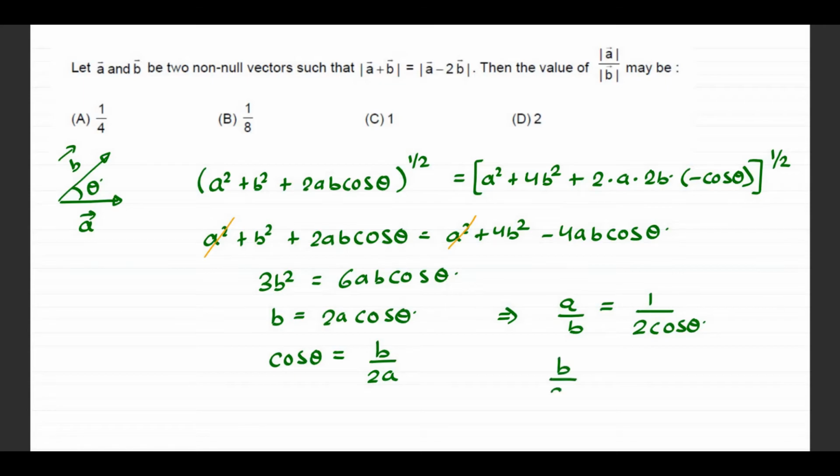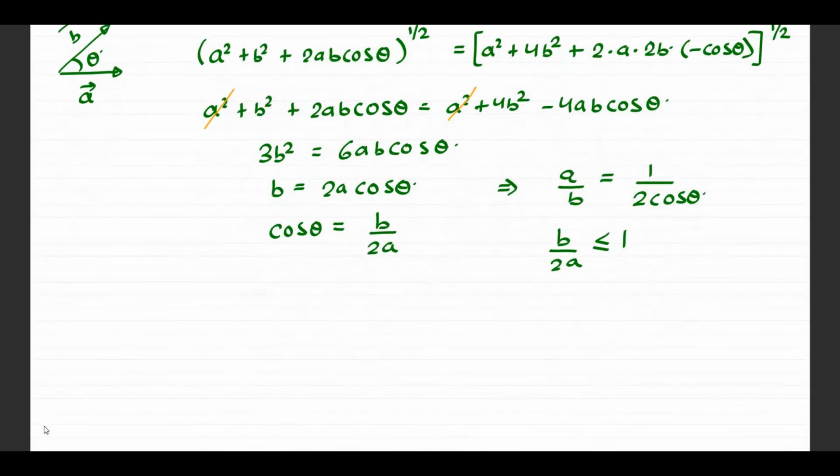And this B by 2A should be less than equal to 1, correct, because the maximum value of cos theta is 1. So B should be less than equal to 2A. So can I say A by B should be greater than equal to half?